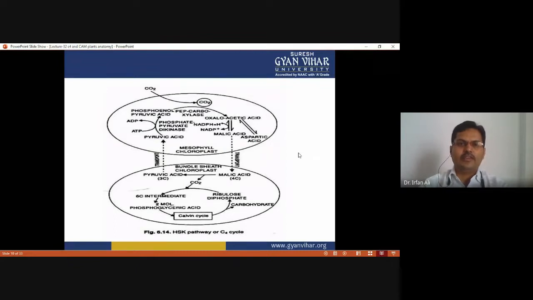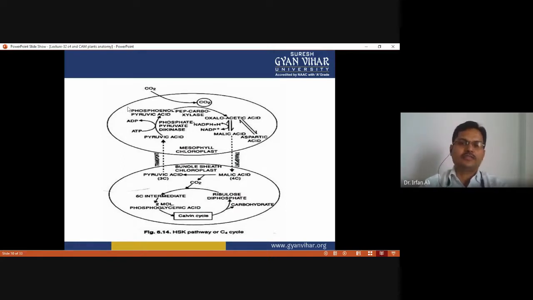Now this figure shows the complete pathway. You can see that phosphoenol pyruvic acid, in the presence of PEP carboxylase, fixes carbon dioxide and forms oxaloacetic acid. This reaction is carried out in the chloroplast of mesophyll cells.